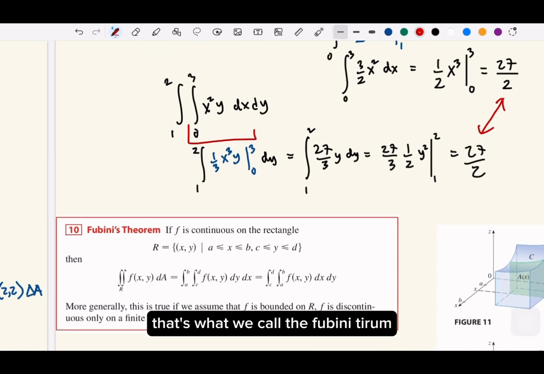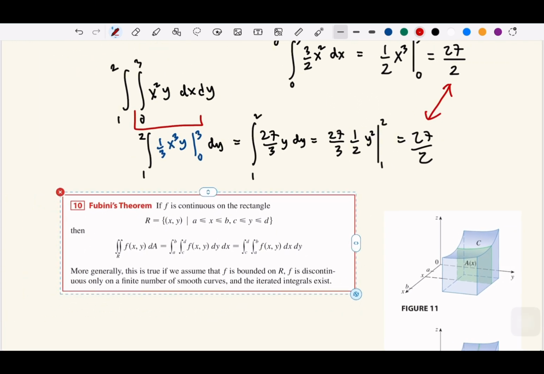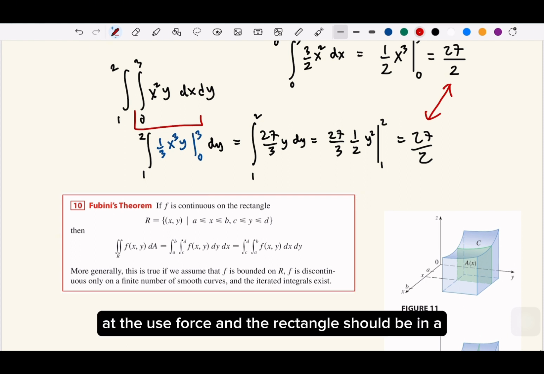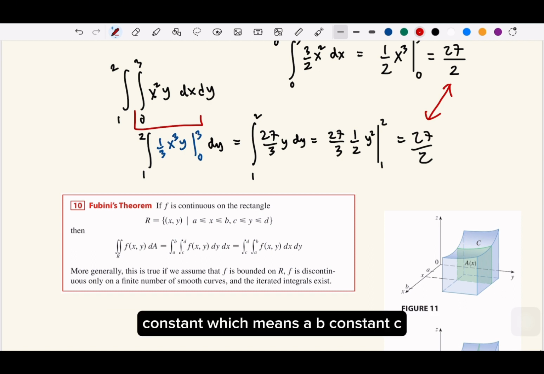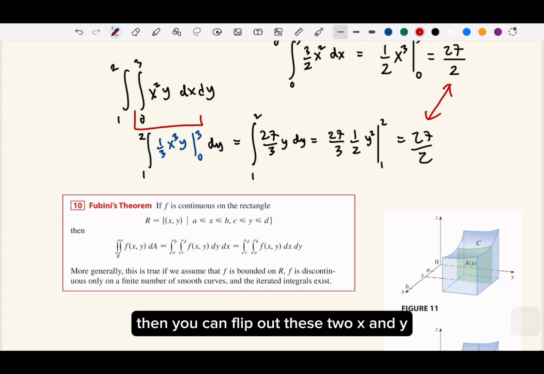That's what we call the Fubini theorem. The Fubini theorem says that f is continuous, of course, and the rectangle should have constant limits, which means a, b are constant, and c, d are also constant. Then you can flip these two, x and y.